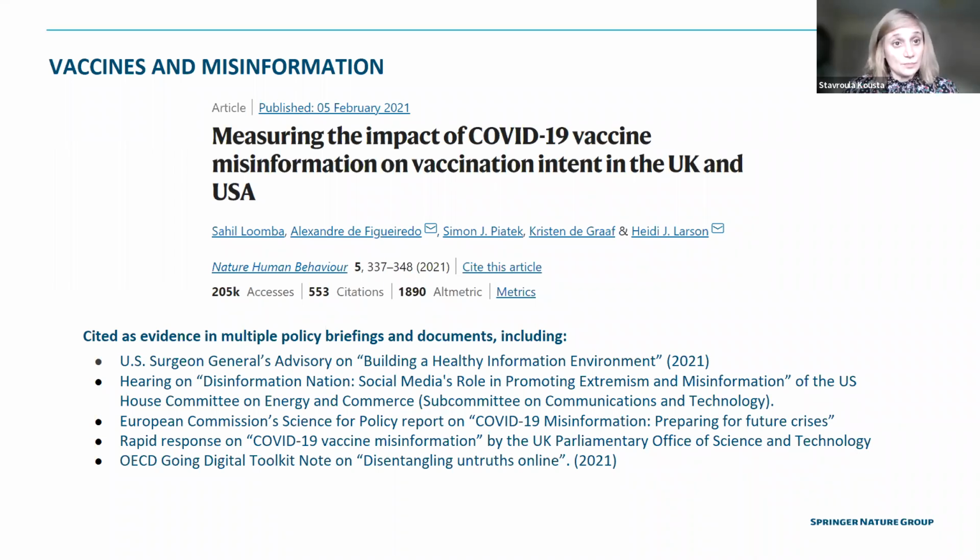This may seem a small percentage, but actually, seen in the context that the participants saw misinformation just once, in real life, we see misinformation much more frequently over extended periods of time. The fact that just seeing one bit of misinformation once already reduces your likelihood of getting vaccinated by 6% is actually quite substantial.